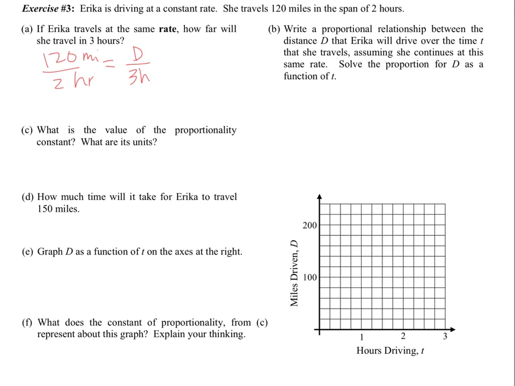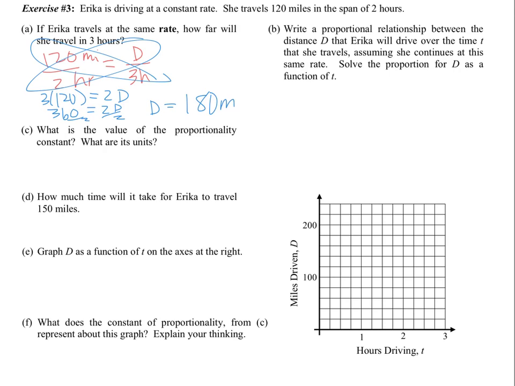We can cross multiply. So 3 times 120 equals 2 times D. So 360 equals 2 times D. Divide each side by 2, and her distance is 180 miles.